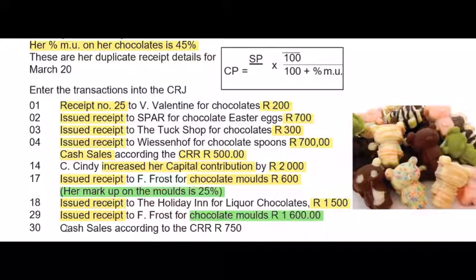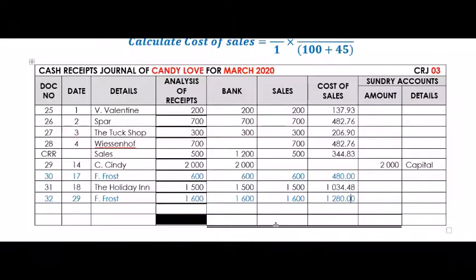And then lastly, on the 30th, we had cash sales according to the CRR, 750 Rand. And now what's important is this cash sales we'll still use that markup of 45% because it's not for chocolate molds. Okay, if it's a CRR transaction, then you write CRR in the document column. The date is the 30th.